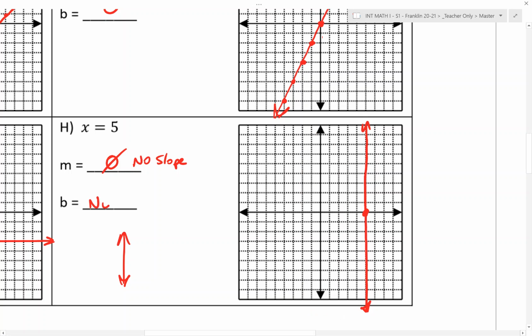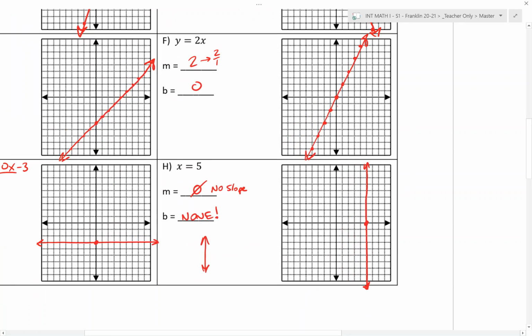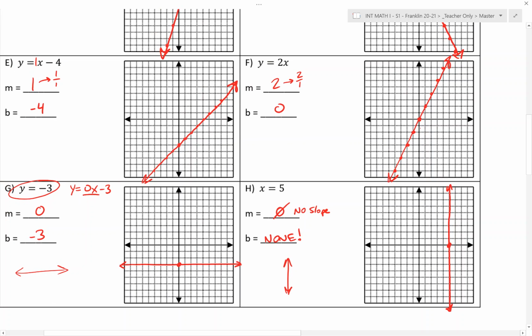So there is no y-intercept either. So when x equals a number, you don't have a slope and you don't have a y-intercept. You just have a vertical line through that number on the x-axis. And again, that's the only kind of equation here that does not follow the same form as the others, and so you kind of know when you see it that it's a special case.